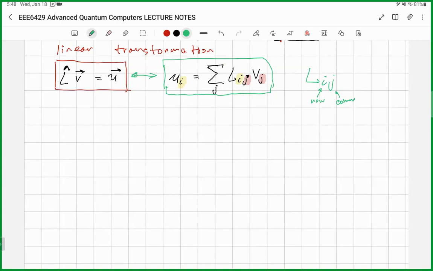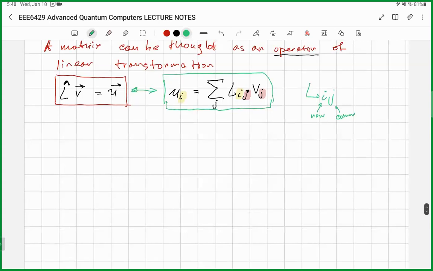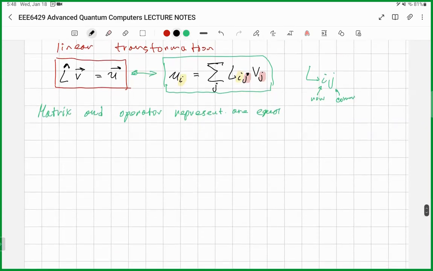In some sense, you can say that the matrix and operator representations are identical or equal, meaning that I can work either in the operator representation or in the matrix representation. That's up to my choice.